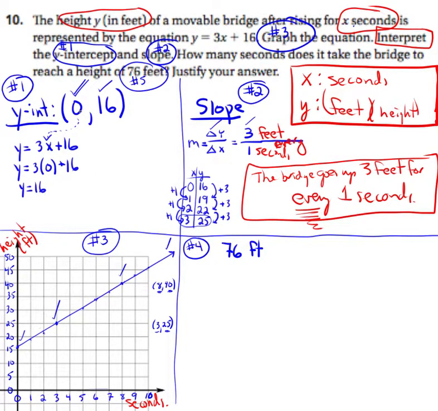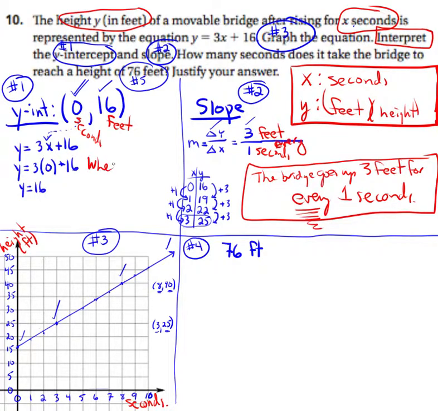Now, our y-intercept will use the labels also. My 0 is the seconds, so I'm going to label that 0 seconds and 16 feet. So labeling it right in the coordinate pair really helps us to be able to interpret that. So at 0 seconds, when is 0 seconds? Oh, that's at the start.